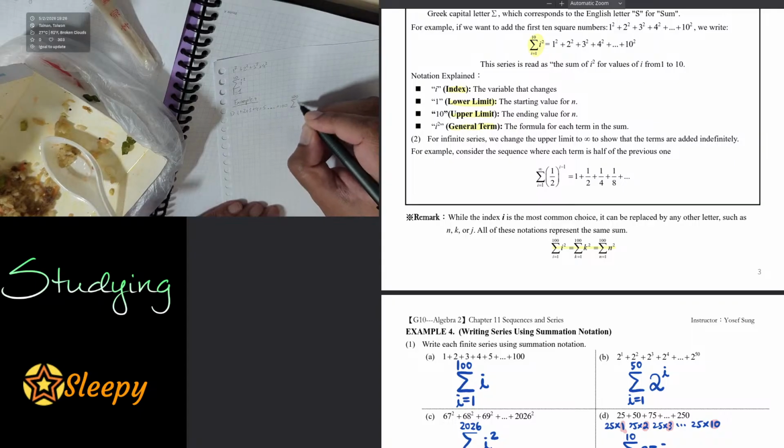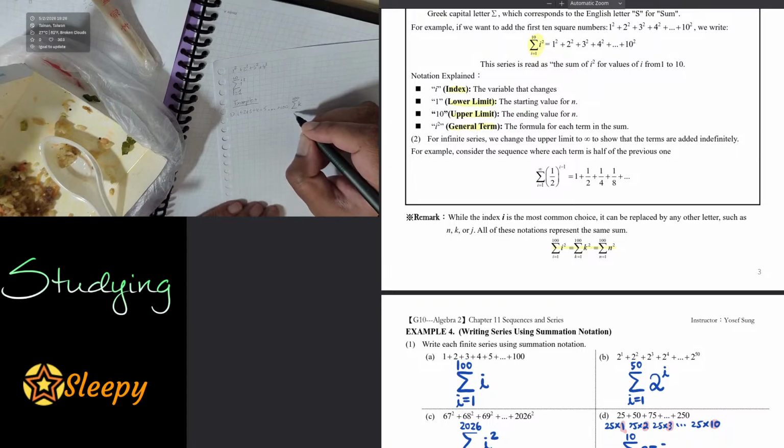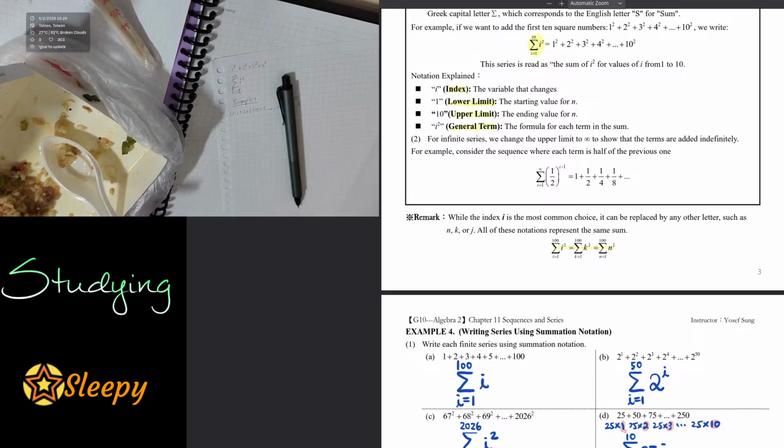And then below you do the initial value. Okay? And then lower limit.